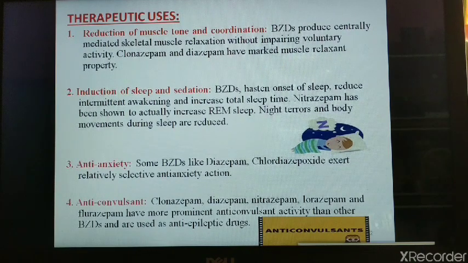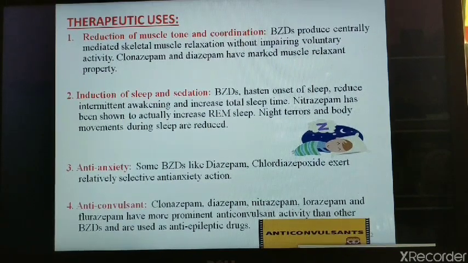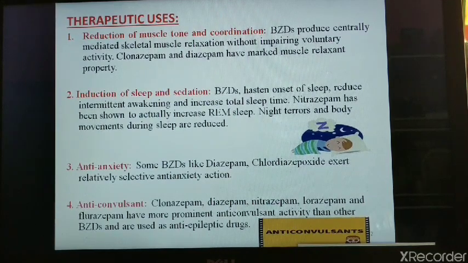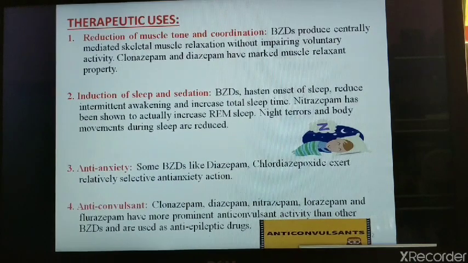The relaxant effect of benzodiazepines may therefore be clinically useful. A reduction in muscle tone appears to be possible without appreciable loss of coordination. Clonazepam and diazepam are the benzodiazepines that have shown marked muscle relaxant properties.